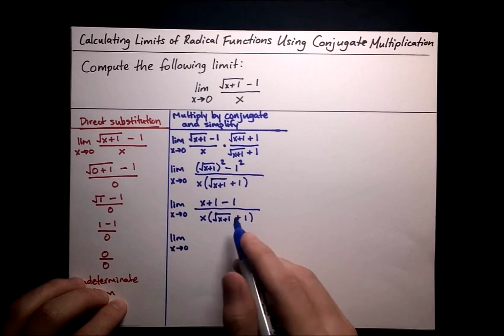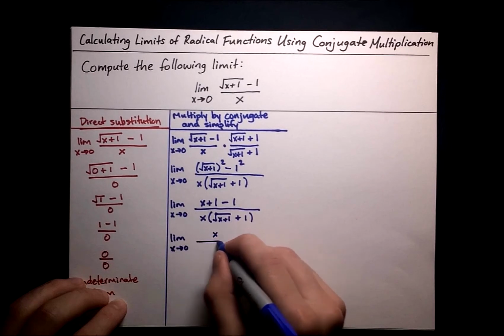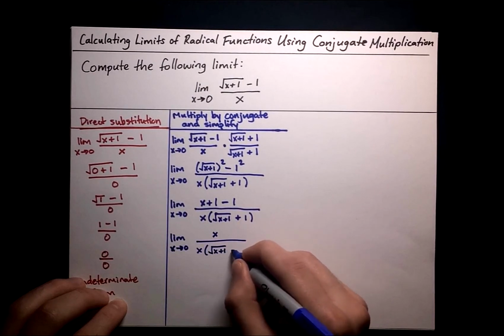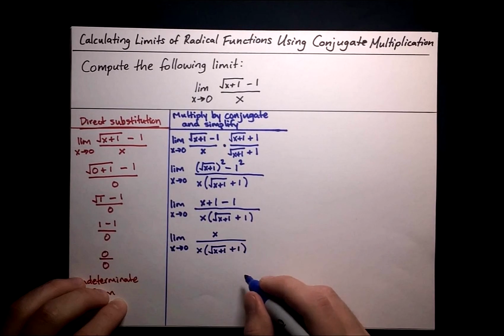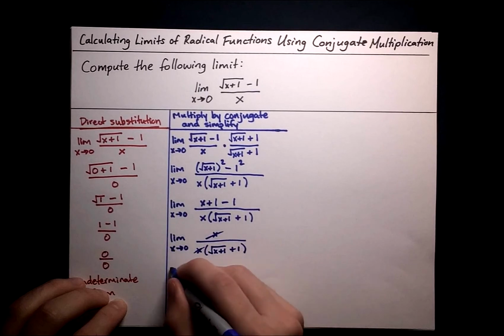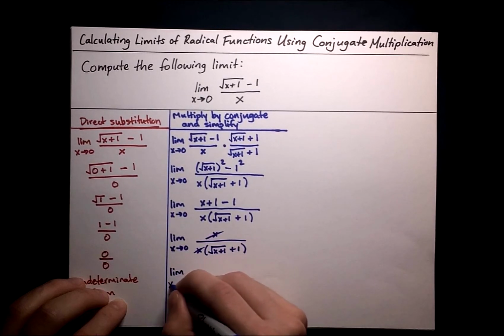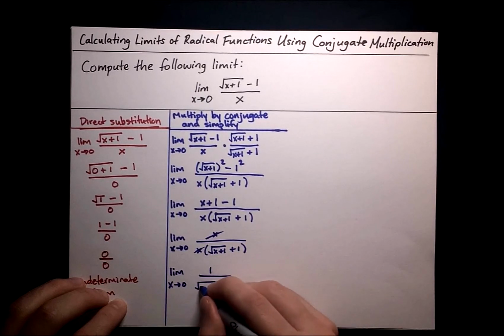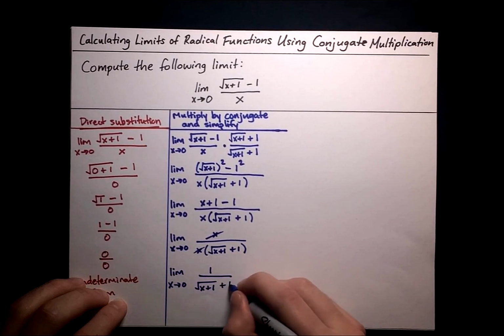This 1 minus 1, that cancels, so we just have x over x times quantity root x plus 1 plus 1. And hey, look, we've got an x on the top and the bottom. We can cancel those out as well. And that just becomes limit as x approaches 0 of 1 over root x plus 1 plus 1.